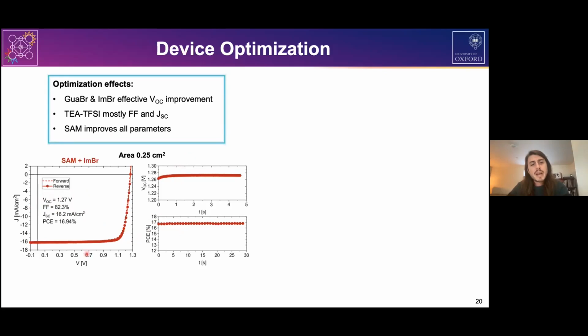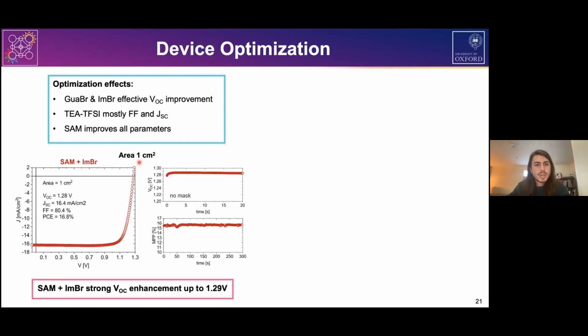And the nice thing of these type of improvements is that if we move from what we call a small area device to a large area device, we could basically maintain almost all the same parameters. So we still have a fill factor above 80%, again a PCE around 17, and in this case VOCs of 1.29 volts. So we could really push the efficiencies of this device quite nicely.